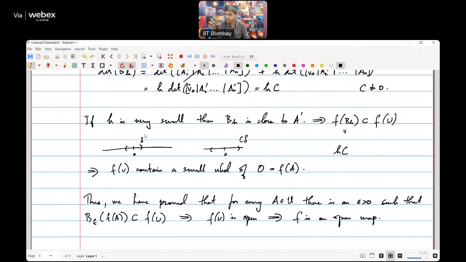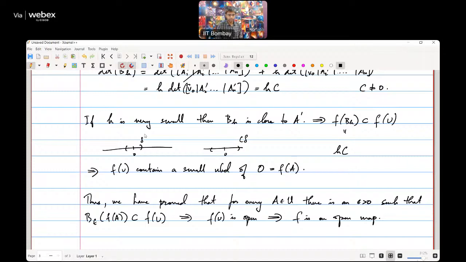Okay, so there was one more question which I was requested to make some comment on. And that was, in general, how do we compute the path components of a topological space? So there is no general recipe. It depends on the space, and it's always a very interesting question.